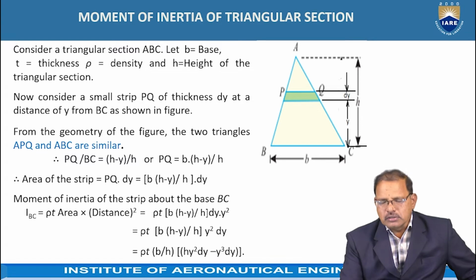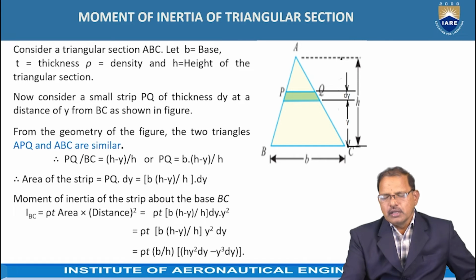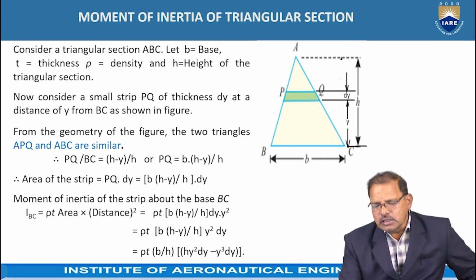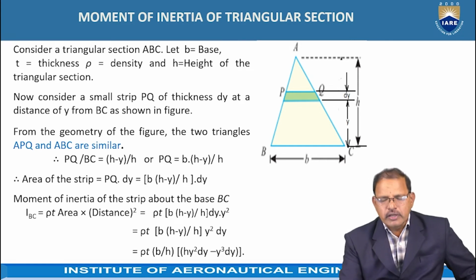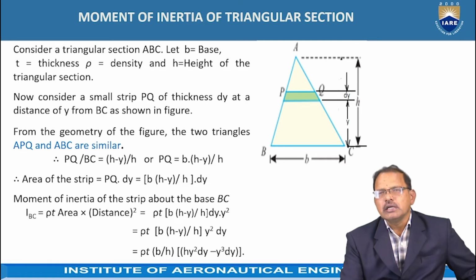The PQ length, that is the strip length, varies from BC at the bottom, that is equal to B, to 0 at A as shown in figure. Hence, the length of PQ at a distance of y is obtained by considering ABC as well as APQ as similar triangles.